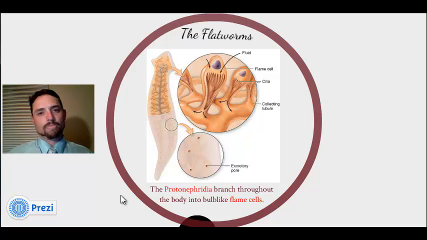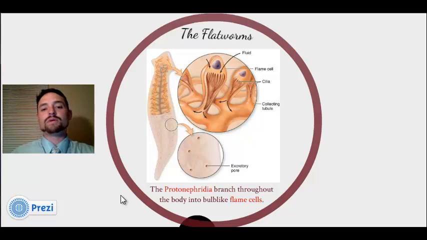Now, we could go below this level, but below this level, a lot of times you just have the excretion into the environment. In this case, we're looking at a system that has to use some type of structure to remove metabolic waste from the body and then get that waste out.